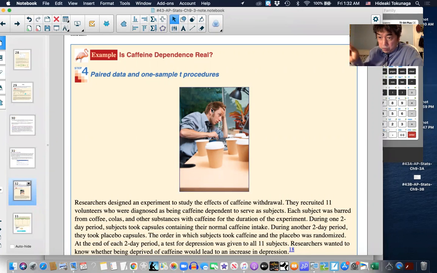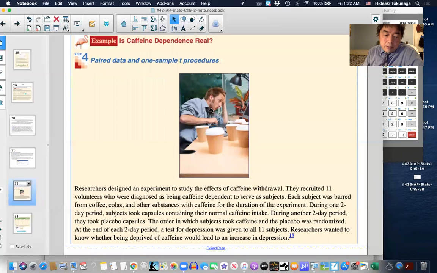However, they're asking about each individual's difference. If you read through, they try to find out if caffeine will affect depression.